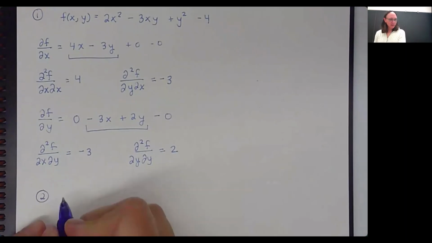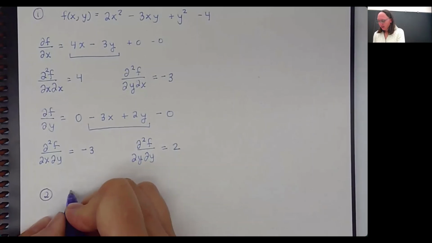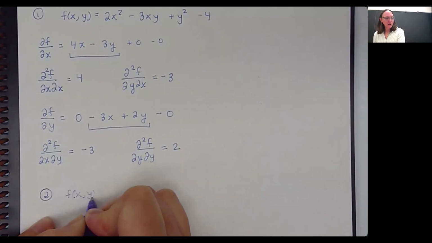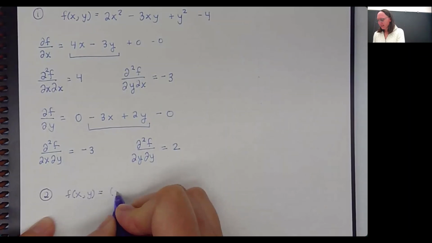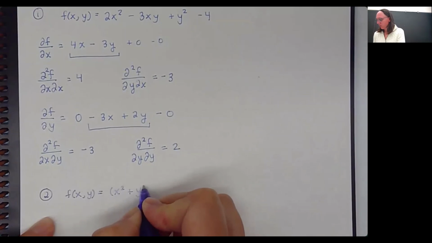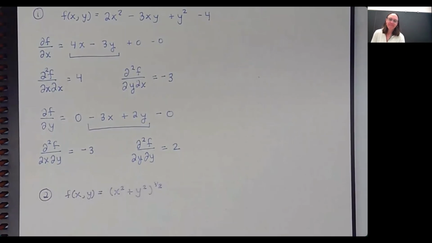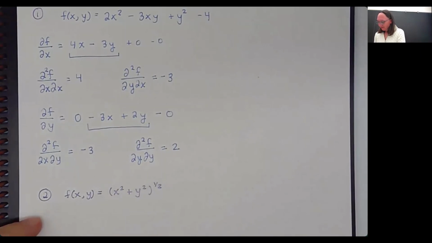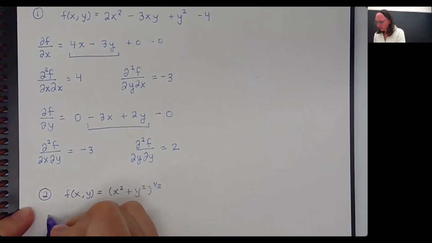So this one is going to get a little bit messier here. I'm going to go ahead and rewrite this as x squared plus y squared to the 1/2 power. If I have to take the second derivatives, I start with those first derivatives.